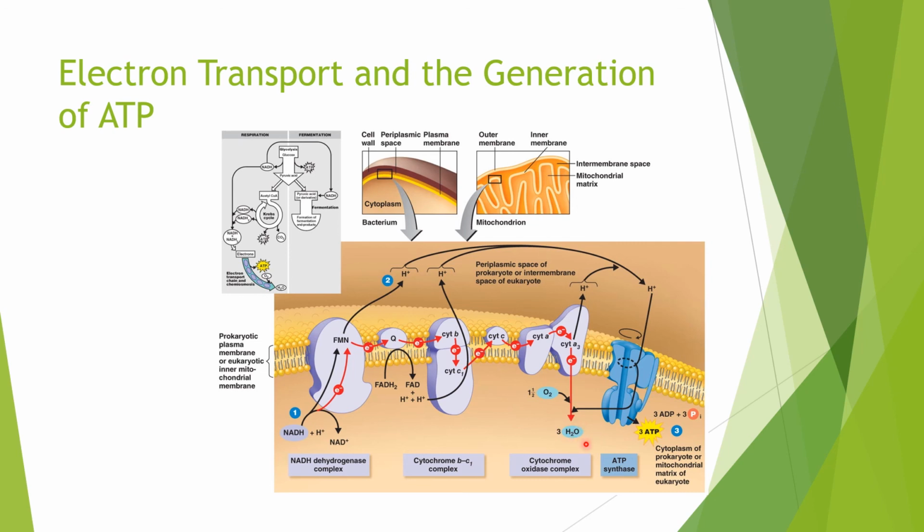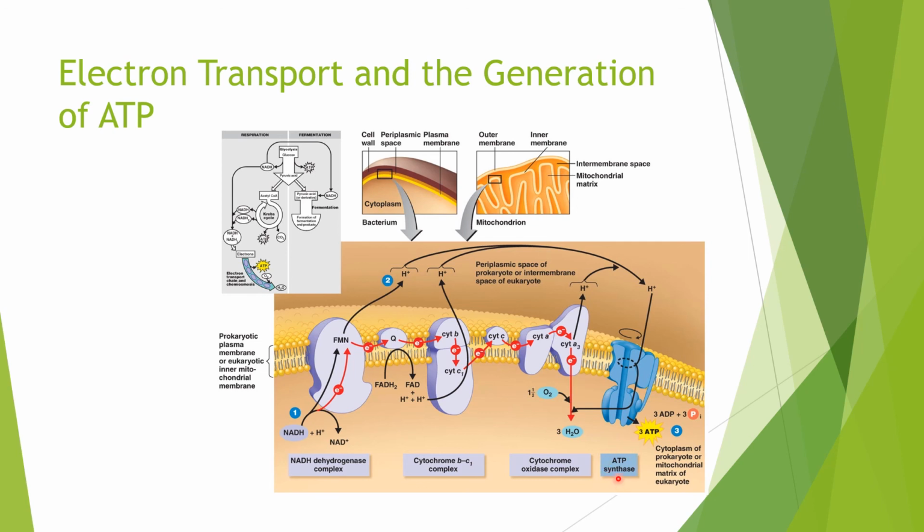So the main products that will come out from the electron transport chain are water, and that's the water vapor that we are going to exhale, and lots of ATP molecules, about 28 of them for each glucose that we've broken down. About 28 is going to be produced, and the main enzyme that's really going to help with that ATP production is the enzyme known as ATP synthase.